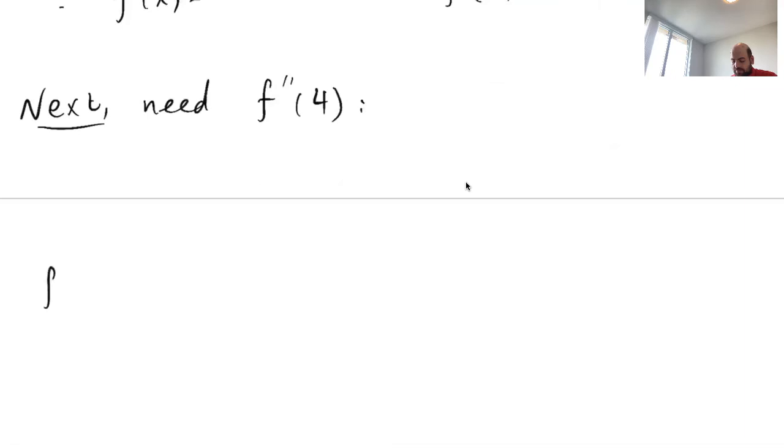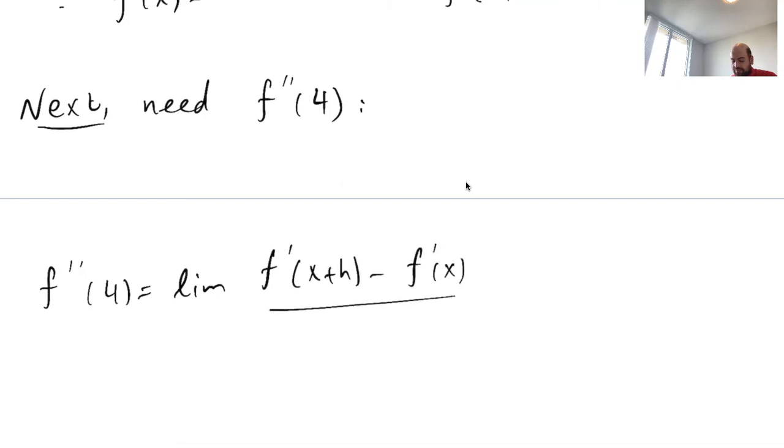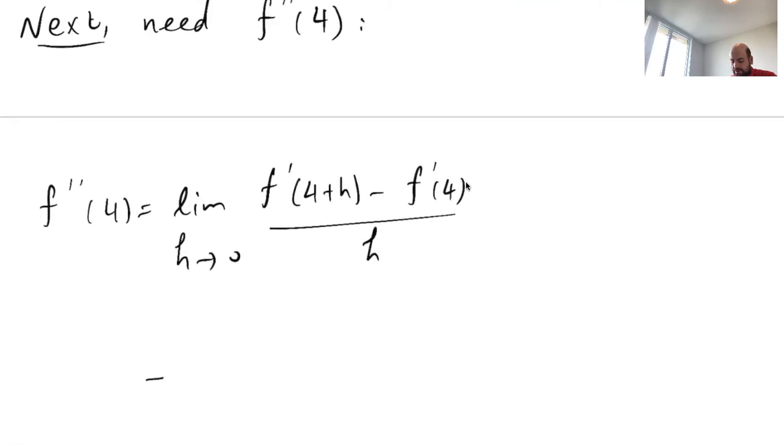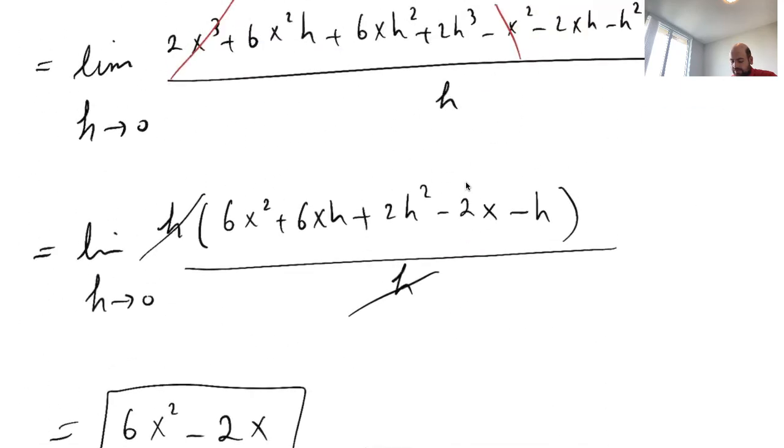So f double prime of 4, we saw that its limit is f prime of x plus h minus f prime of x, f prime of, say, 4 plus h, because x is 4 here, right? So 4 plus h minus f prime of 4 divided by h, as h approaches 0. Now this is the limit as h approaches 0 of what function?